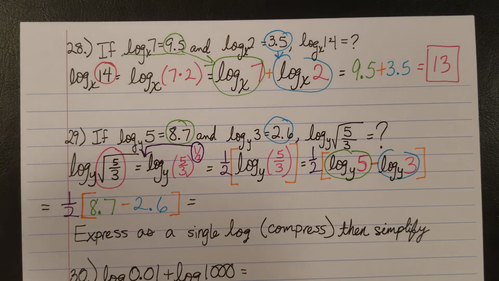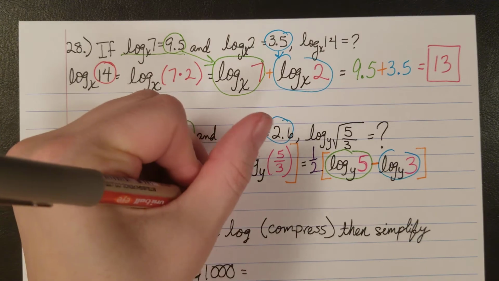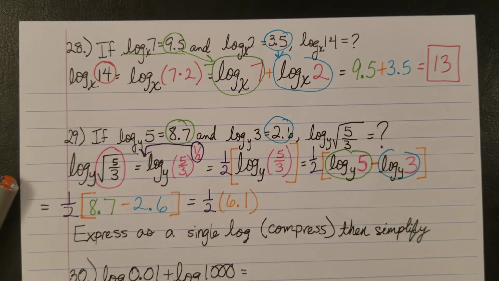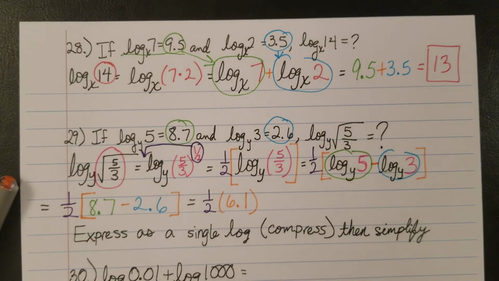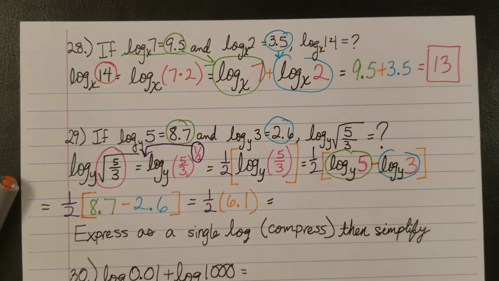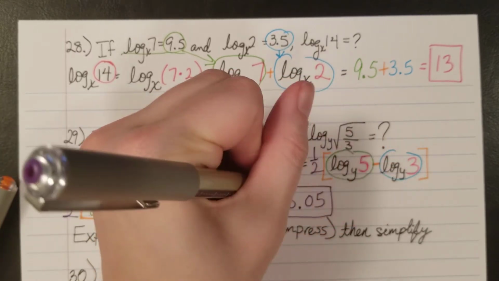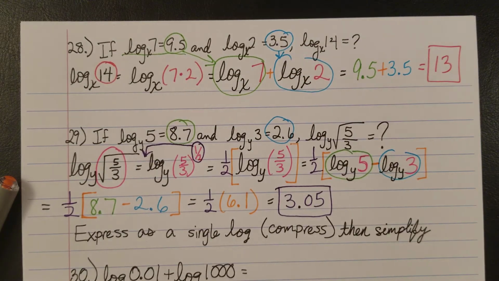Okay, we still have the 1/2, and that's multiplied times 6.1. So then 1/2 multiplied by 6.1. So basically 6.1 divided by 2. Okay, so that would be 3.05. And I believe that is the final answer.